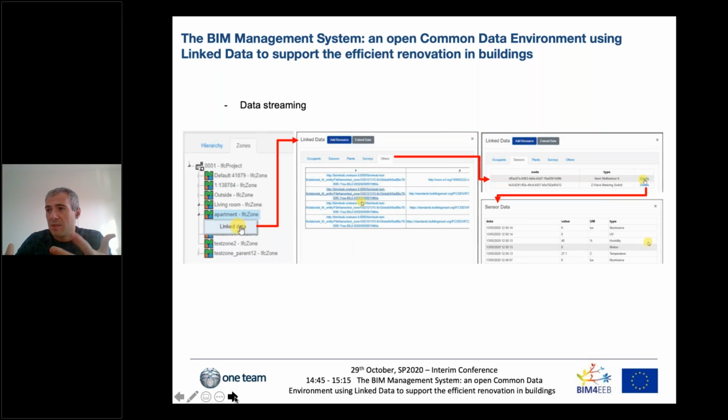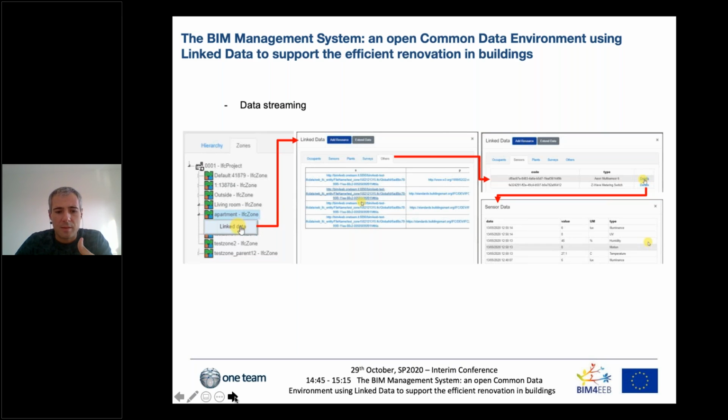Another important thing is the integration of data streaming from the sensors, because there is a very important role for the inhabitants inside this project. The inhabitants are able to control, for example, the temperature, humidity, and so on, the internal conditions of their apartment, and they can see how this works in the building.